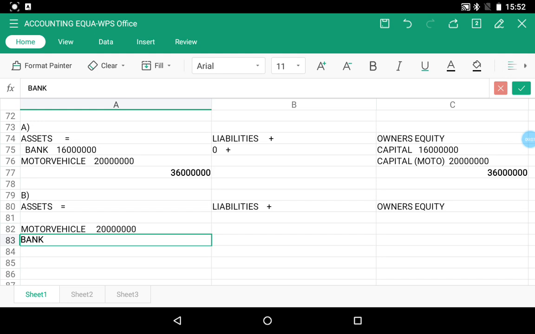That means we take 16 million and less 8 million of iron sheets, we shall remain with 8 million.